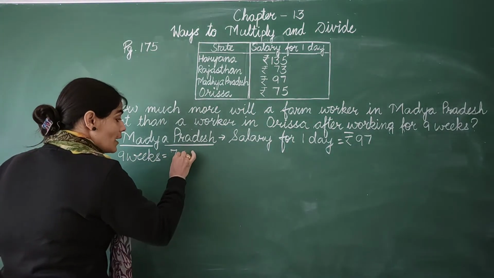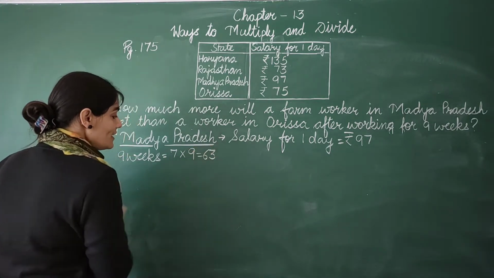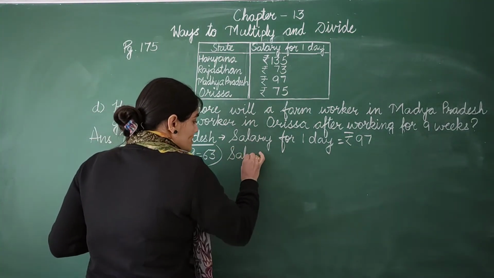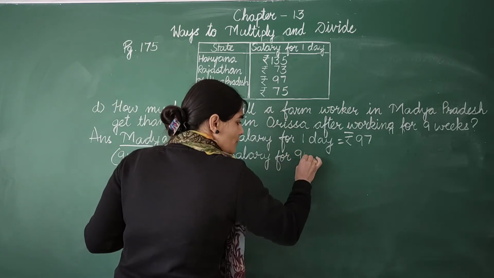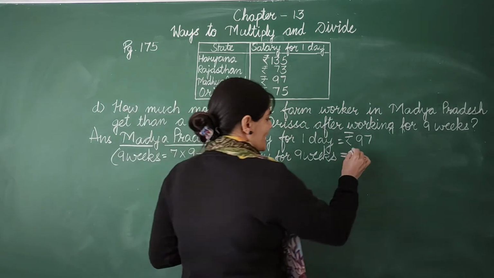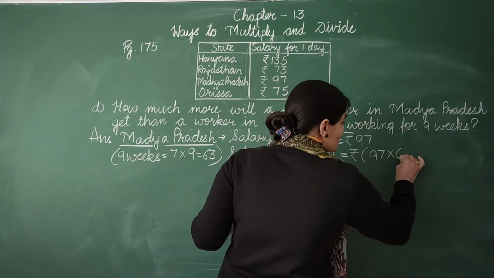So in 9 the number of days will be more. 7 9s are 63. Clear, everybody? Now we write salary for 9 weeks, or you write there 63 days. Both ways it is correct. So it will be more. 97 will be multiplied by 63.